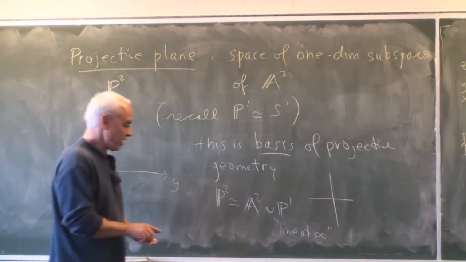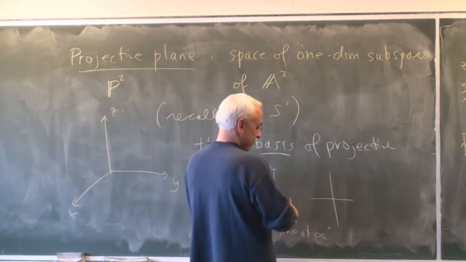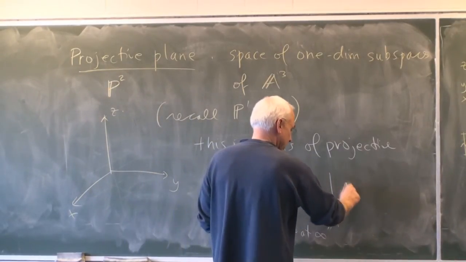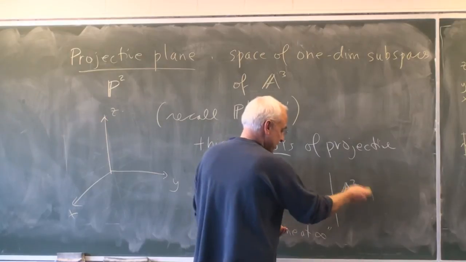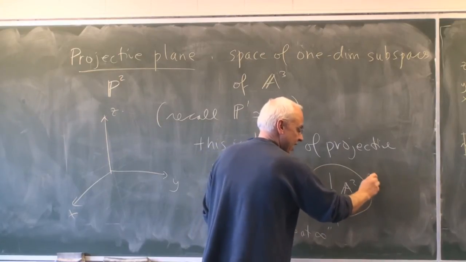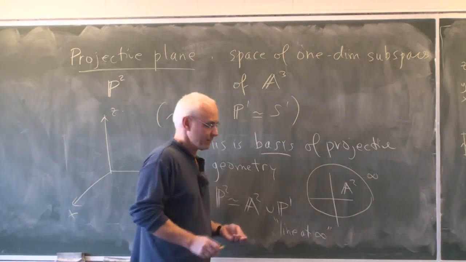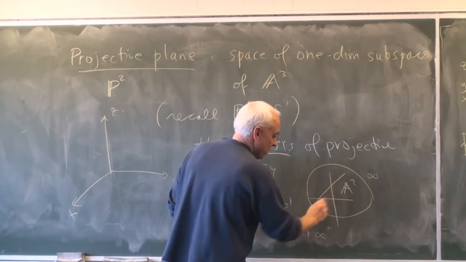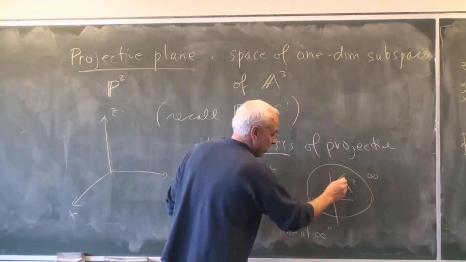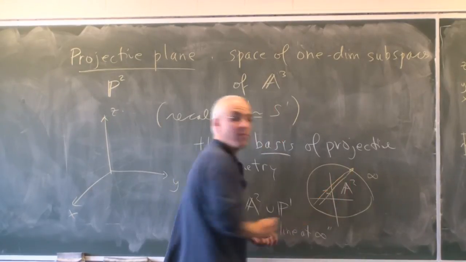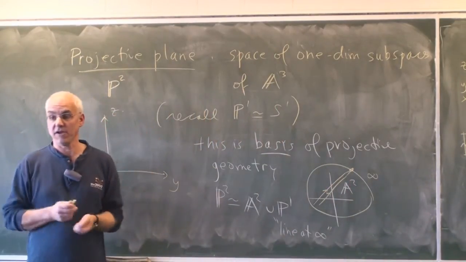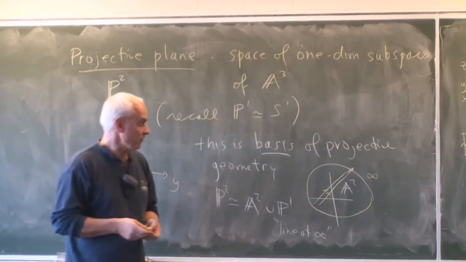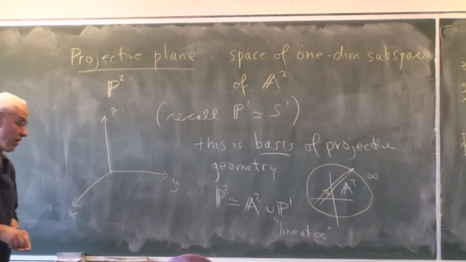And 17th century geometers thought of the standard Euclidean plane together with a rather mysterious line at infinity. It was a little bit hard to understand. What they thought of is if you have any two parallel lines, then those two parallel lines will meet at exactly one point at this line at infinity. That's the projective plane, the way that it was historically thought about.